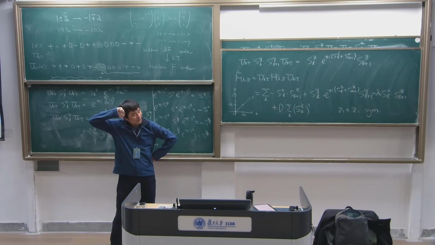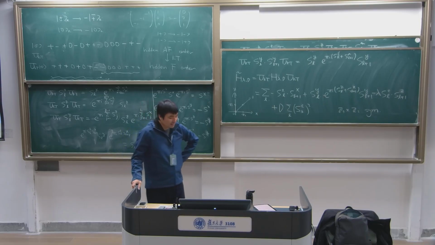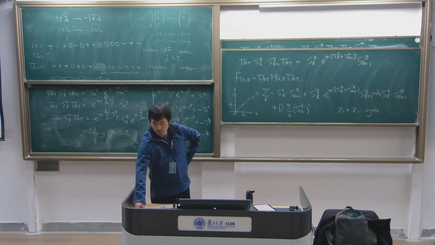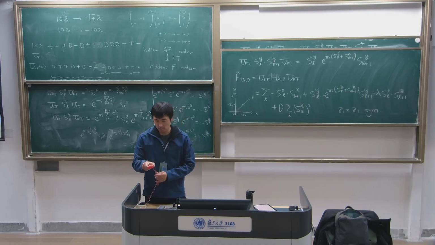Okay, so what's the best way to explain it? So x direction pi rotation, this becomes like this way. If y direction, it just becomes like this way, right? And that is the same as if you start with like this way and then just do the rotation around the z direction, it becomes like this.